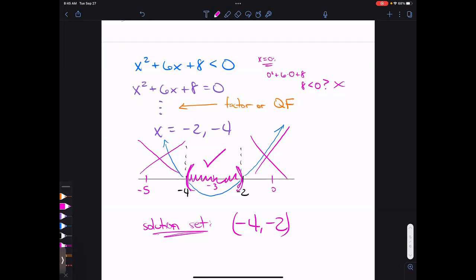So that's one. Or like I said, if the graph makes sense to you, that's perfectly fine.